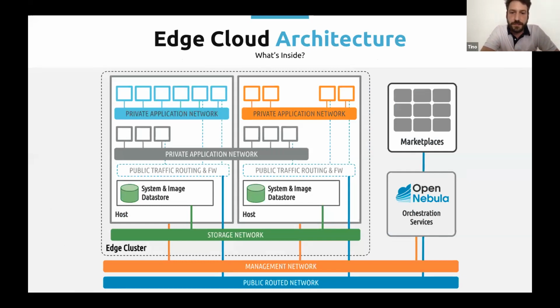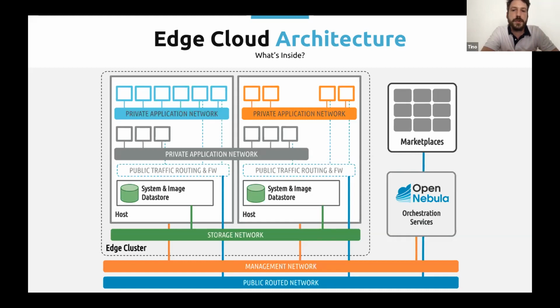Okay, this is a low-level view of the edge clusters. These are deployed on these remote public cloud providers, and they implement this lightweight architecture where you use the local hard disks of the servers running in the remote cloud, and OpenNebula creates all this architecture automatically for you.